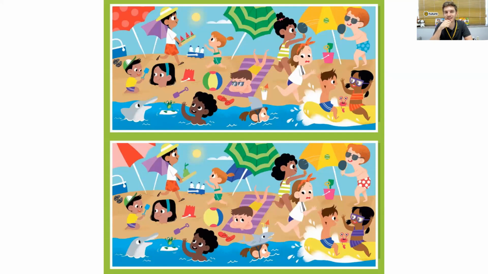The girl's hair, the hairstyle, and oh, someone thinks 8 differences. Actually, I found more than 8. There's a few more, so keep looking. Yes, the swimming suits, the girl's orange suit versus the purple suit.